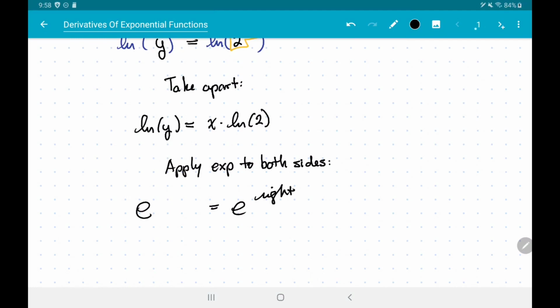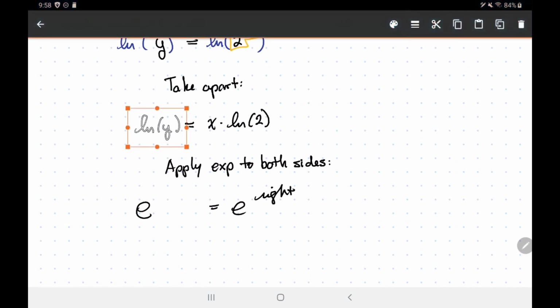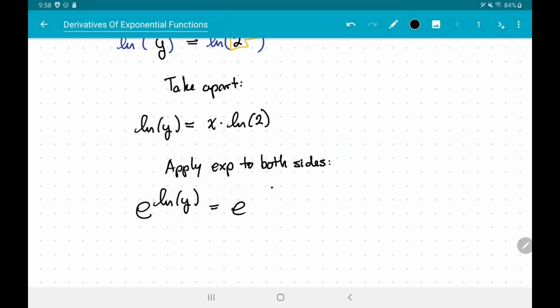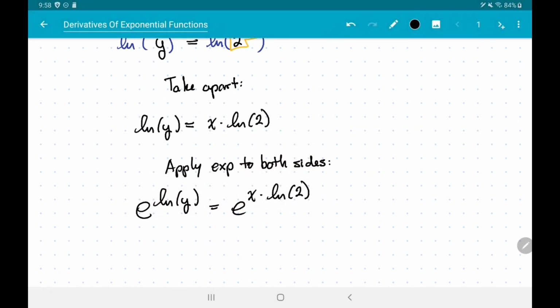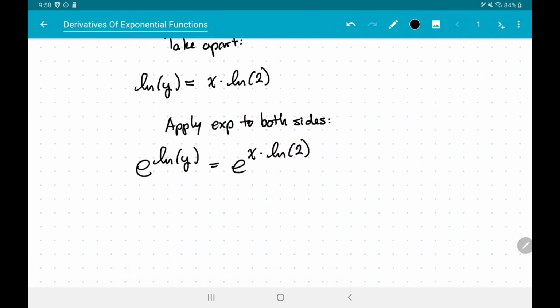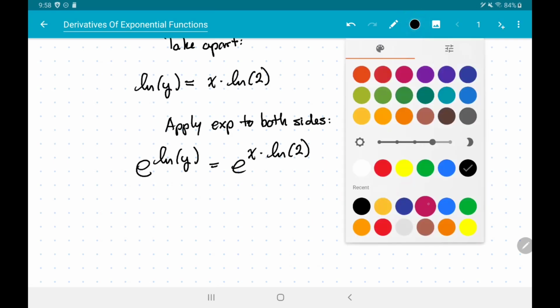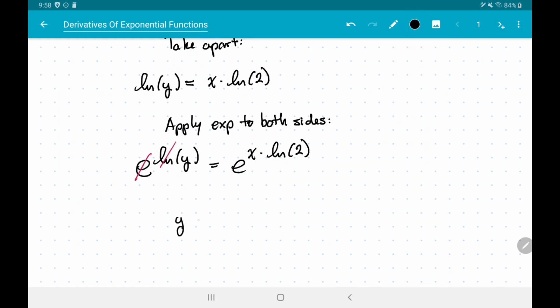Let me copy the left and copy the right. I'm now going to simplify on the left. Remember, e to the power undoes the logarithm. And that takes us back to y on the left.